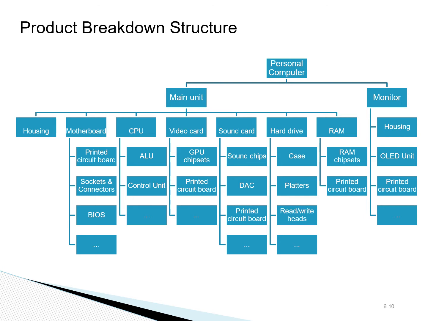And then, of course, each of those can be further broken down into housing, motherboard, CPU, and all that for the main unit, and housing and OLED unit and printed circuits and so forth for the monitor. So this is a product breakdown structure.